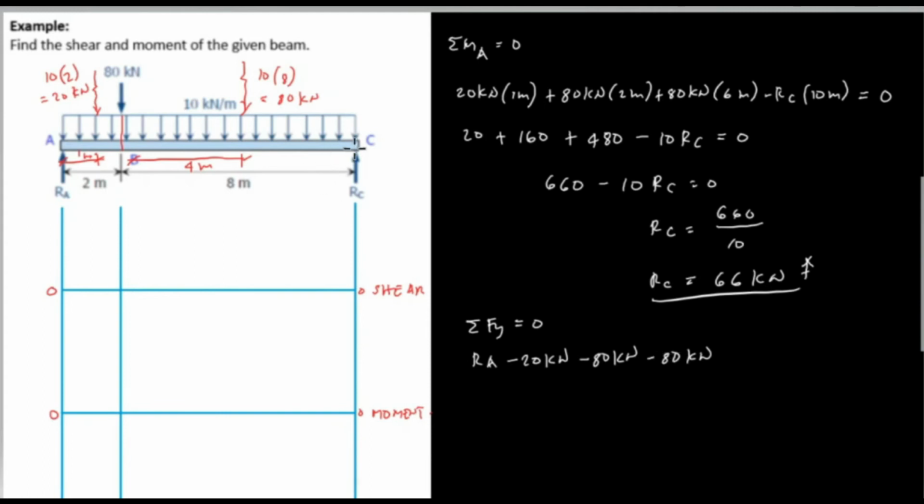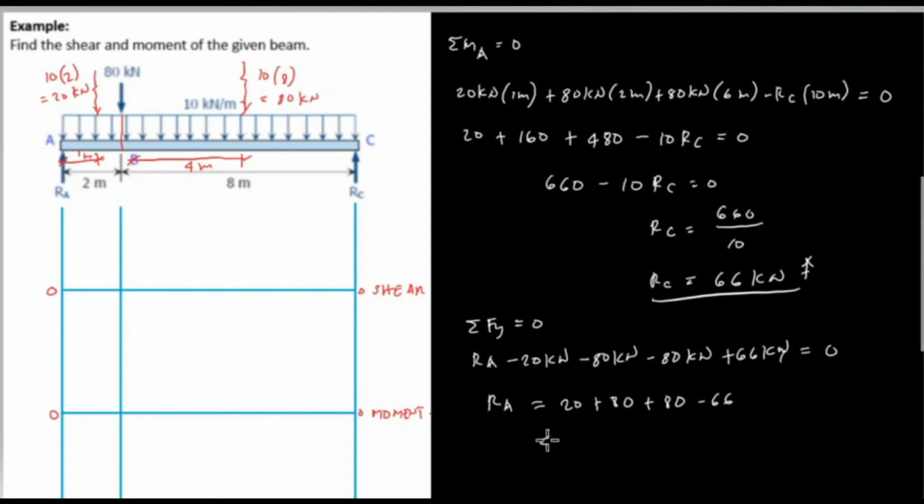And the last point, C, we have RC, and we found the value which is 66 kilonewton, and the direction of RC is upward, so therefore it is a positive sign and equate it to 0. So we have RA and change that to 20 plus 80 plus 80 minus 66.